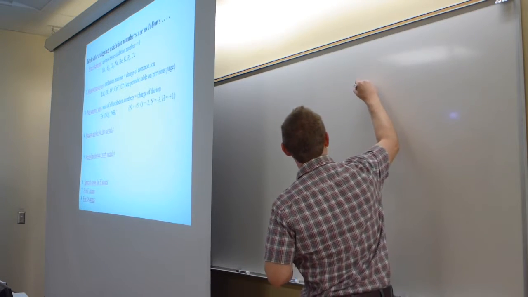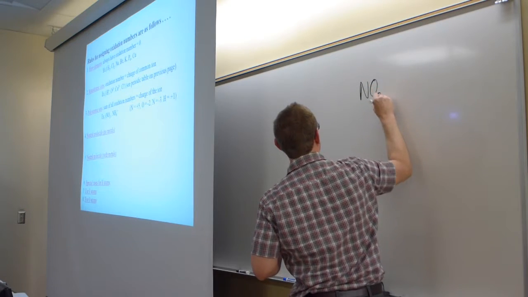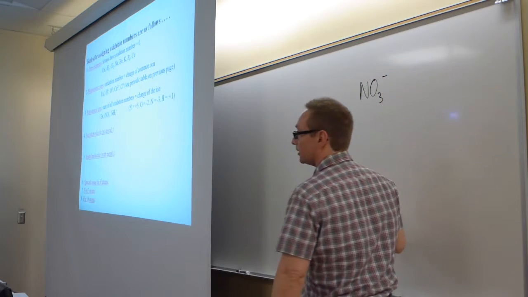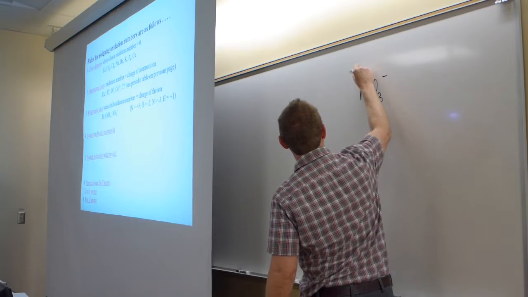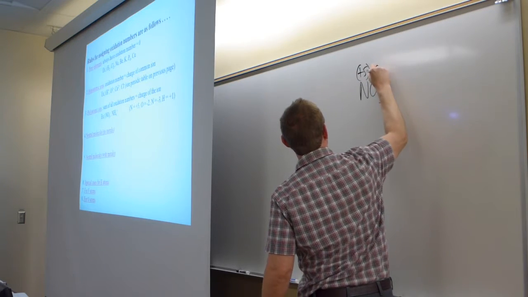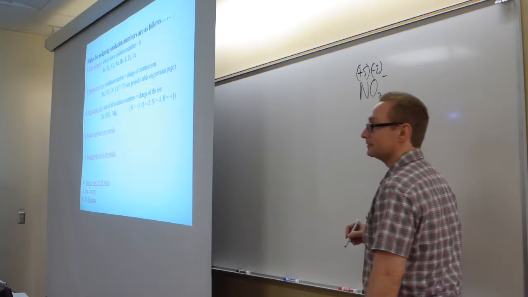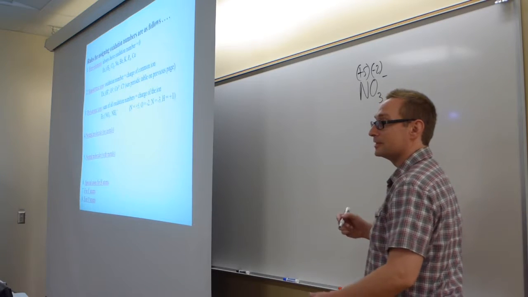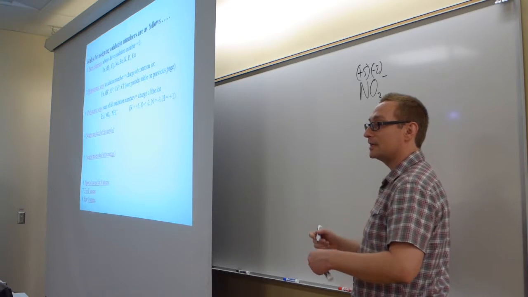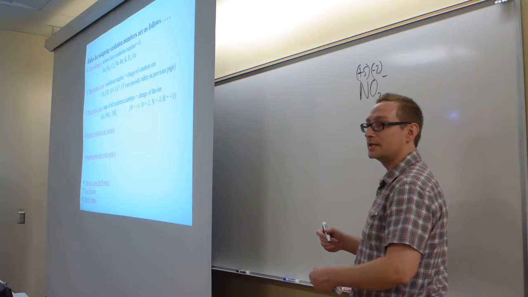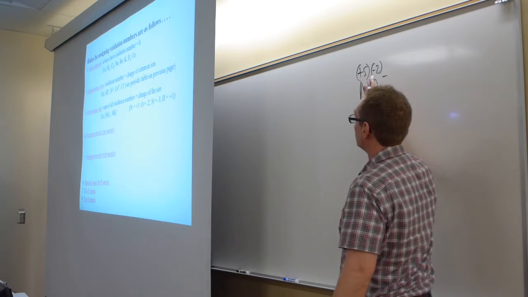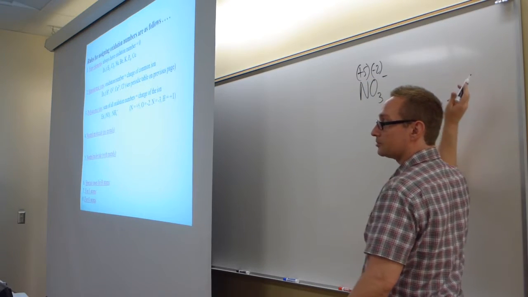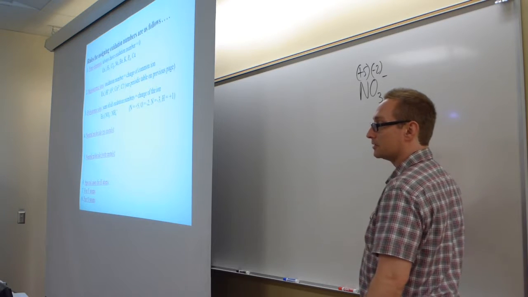So for nitrate, nitrogen is +5 and oxygen is -2. That's how you usually do it. When you're writing out a chemical reaction and you want to see where the electrons are going, you would look for a change in the oxidation number relative to the other side of the arrow.